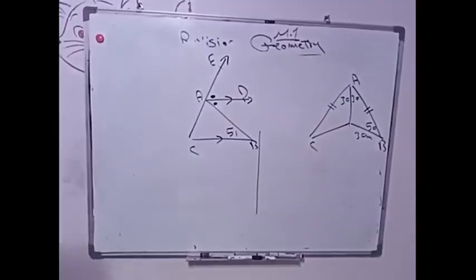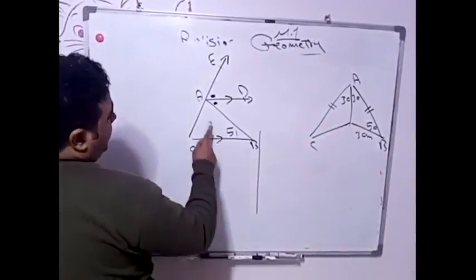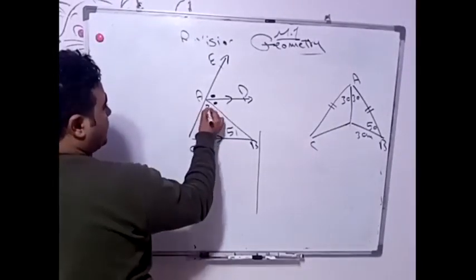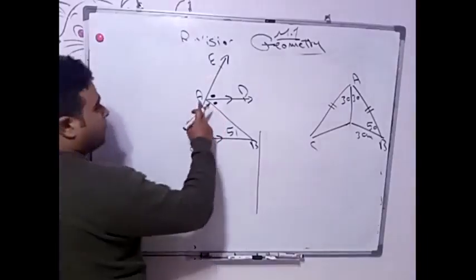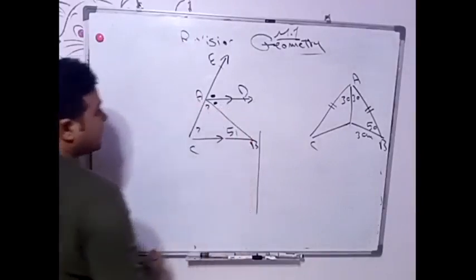In this question I want to find the angle BAC, this angle, and I want to find this angle C. So now we have parallel between AD and CP, and I have AB transversal.